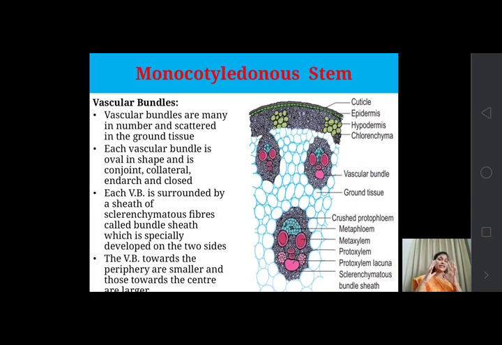This is because these vascular bundles do not have any endodermis or pericycle protective covering. Hence they lie free in the ground tissue.